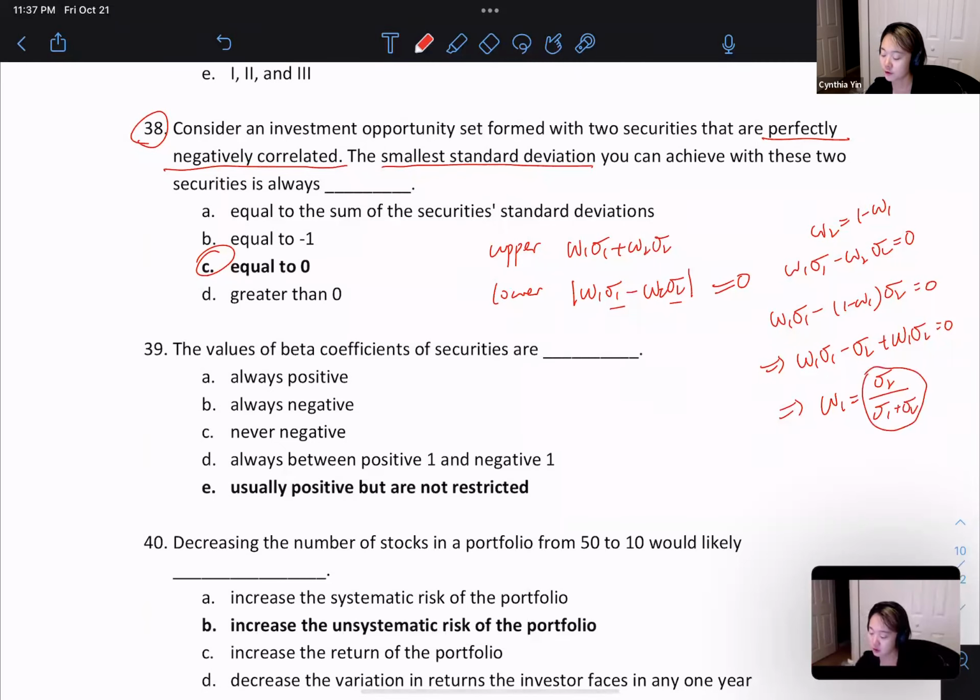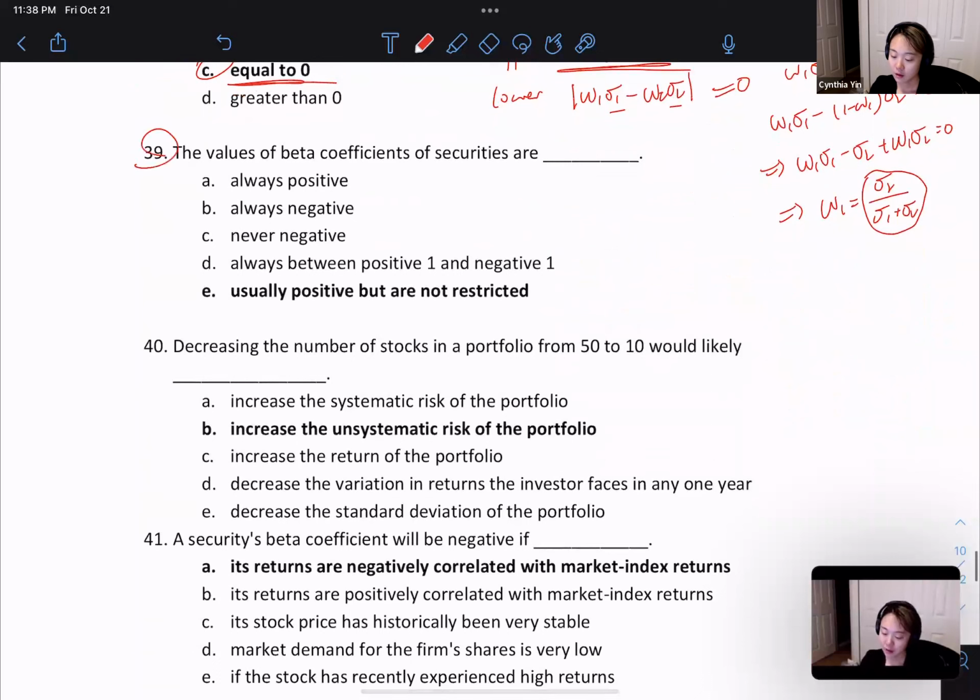If you invest this portion in security 1 and the leftover in security 2, and they are perfectly negatively correlated, you will get 0 standard deviation of your portfolio. Okay. So again, the lower bound can be 0 if they are perfectly negatively correlated. And if they are perfectly positively correlated, you can only get the weighted average.